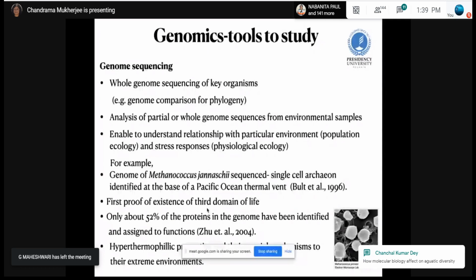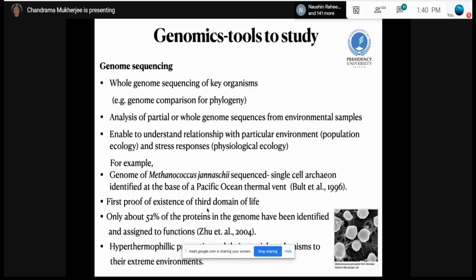The microbe is a methane-producing thermophile which was discovered at the base of a Pacific Ocean thermal vent, where the temperature of the water is near 100 degrees. So this organism is physiologically specialized to undergo all its metabolic reactions at that high temperature. It is strictly anaerobic and uses carbon dioxide as its sole carbon source.